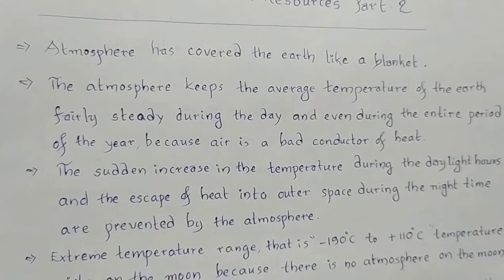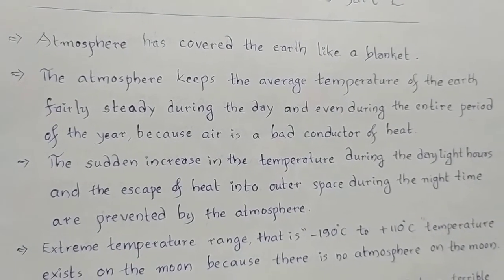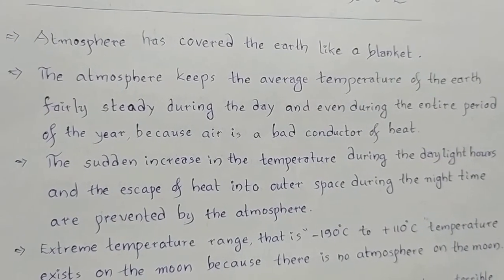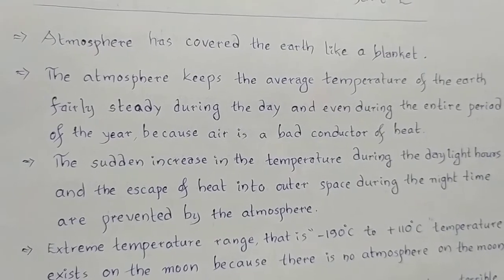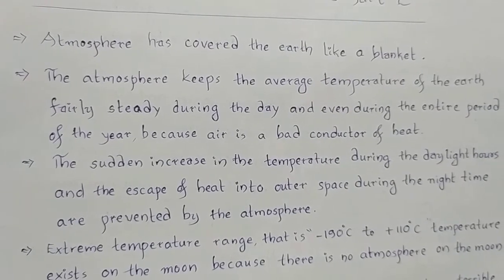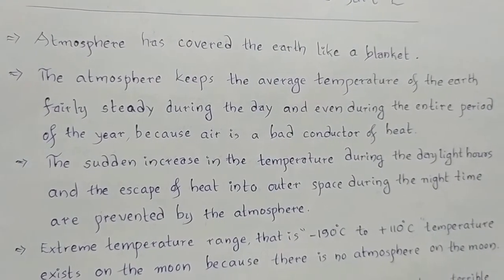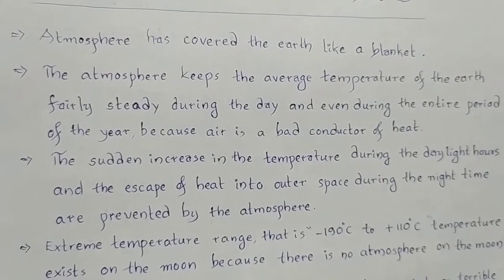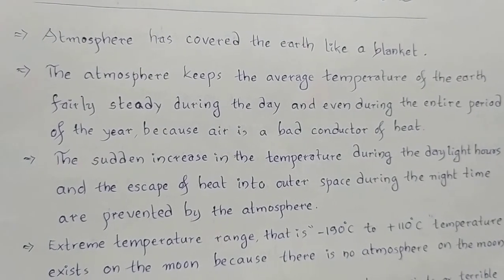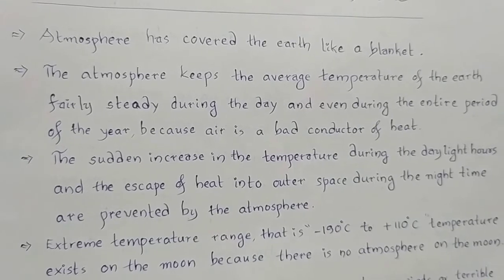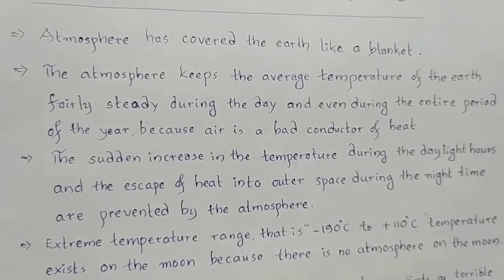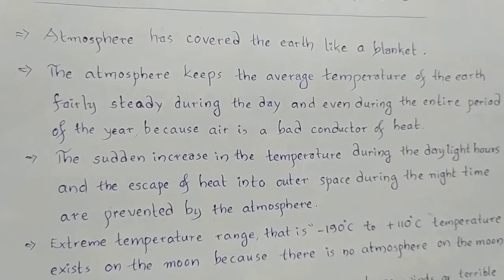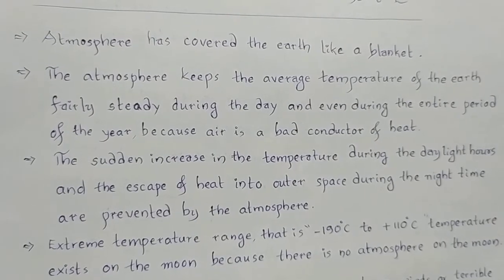The atmosphere keeps the average temperature of the earth fairly steady during the day and even during the entire period of the year, because air is a bad conductor of heat. Heat cannot pass through it that easily.